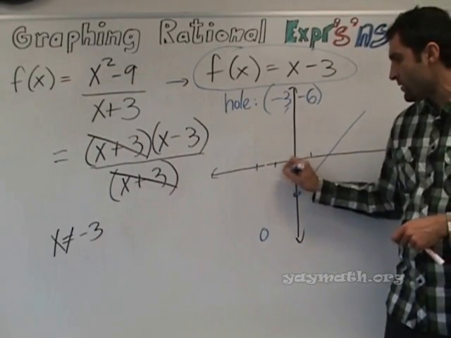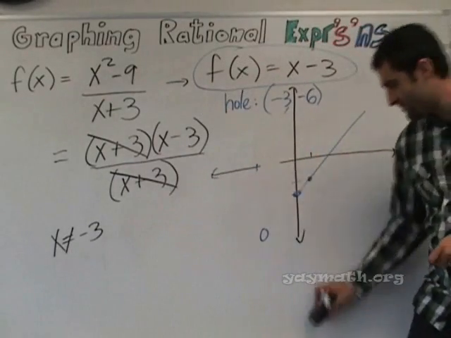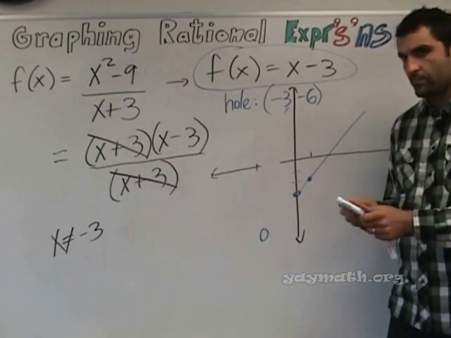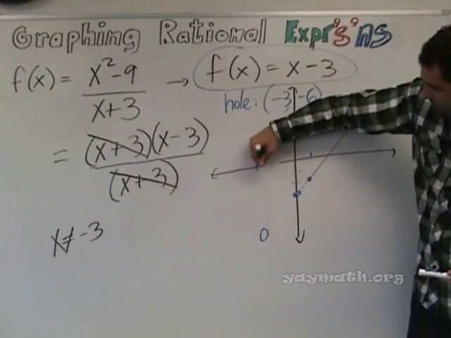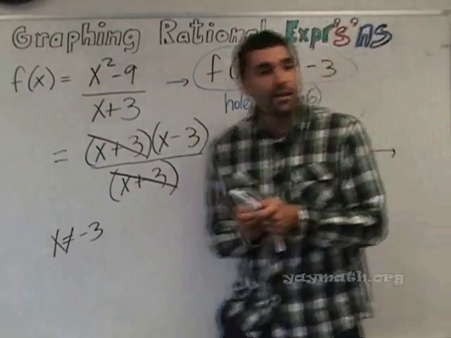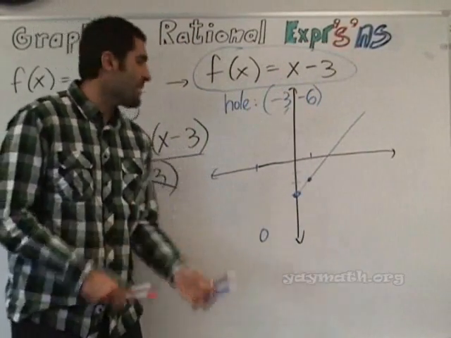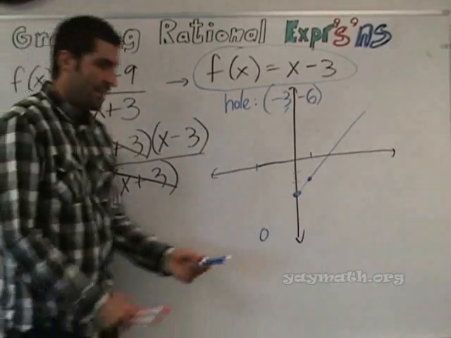What's the horizontal asymptote? It's 2 over 1. How did you get negative 3, negative 6? Because when you plug in negative 3 back into the original equation, let me pose the question for you. Where on this line is x equal to negative 3? Negative 6. Good job.